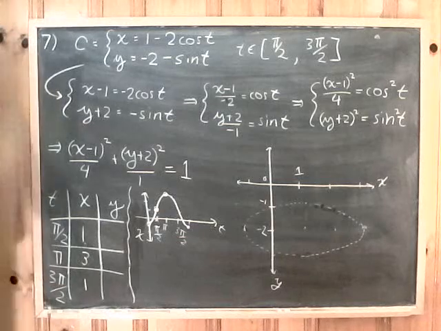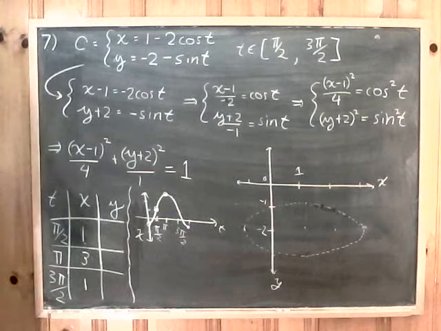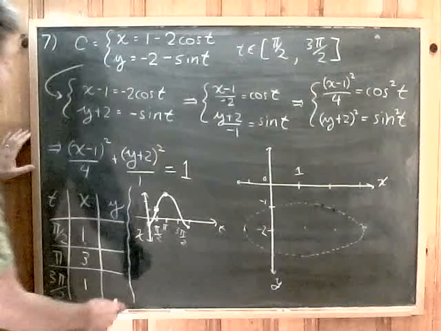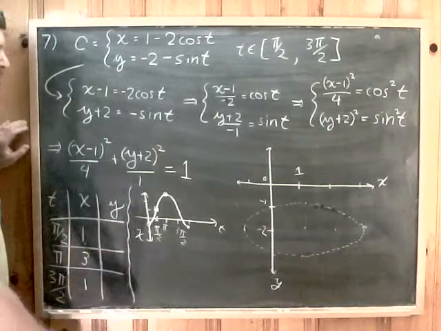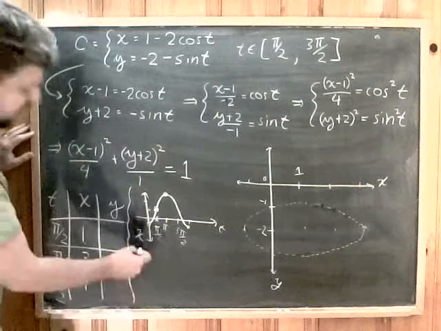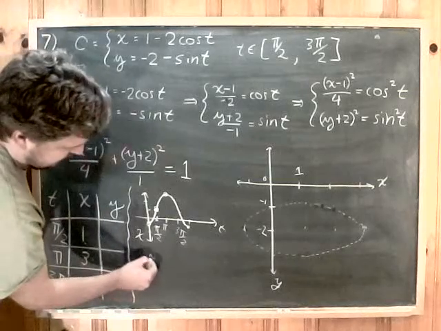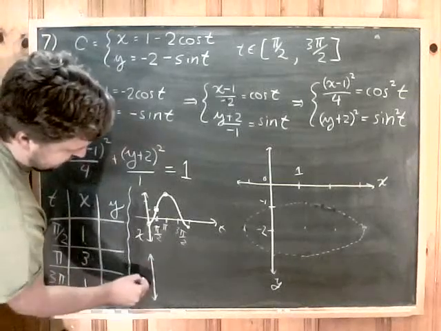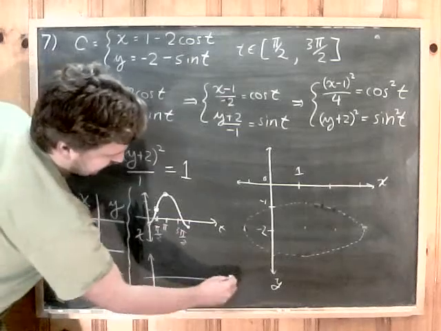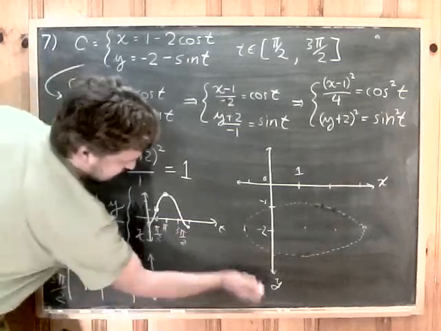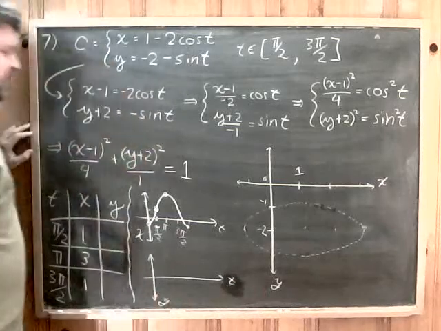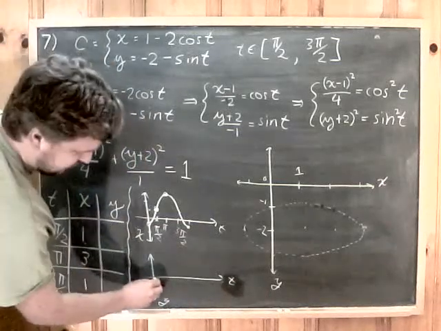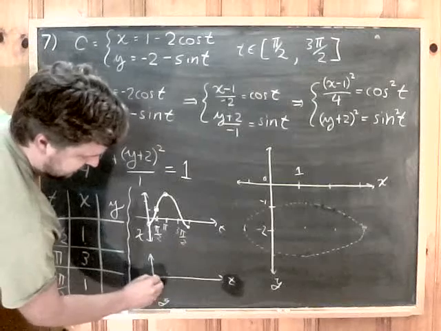Then for y, I have to draw that little picture too. That -2, so it's going to be shifted down 2, but it's also the upside down sine graph. So this is quite an exercise in itself, but I'll do it. That's a T again over there. I'll do it kind of fast. The usual sine graph looks like this.